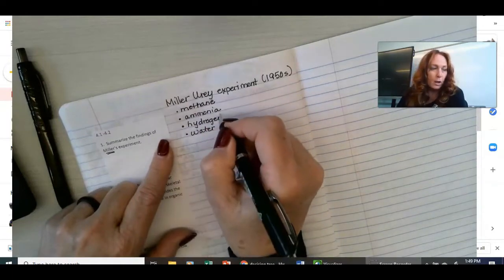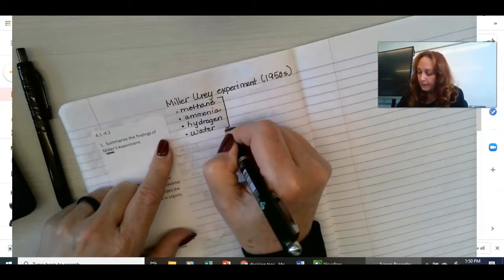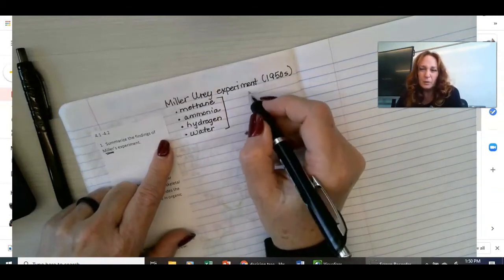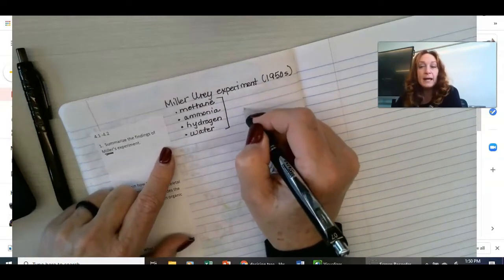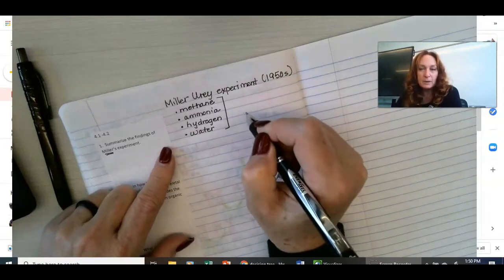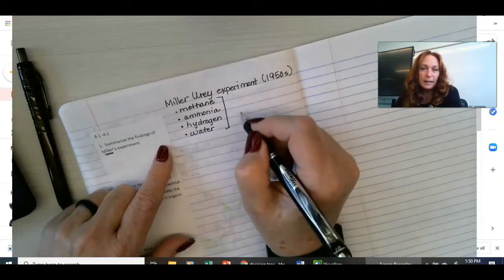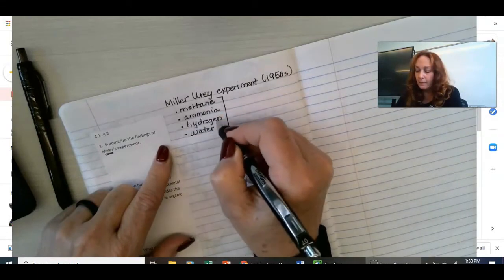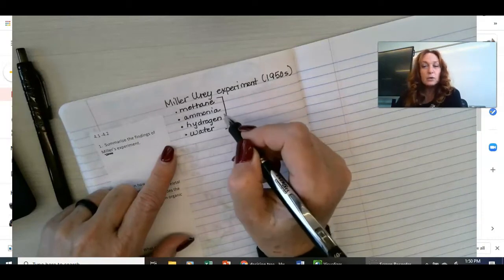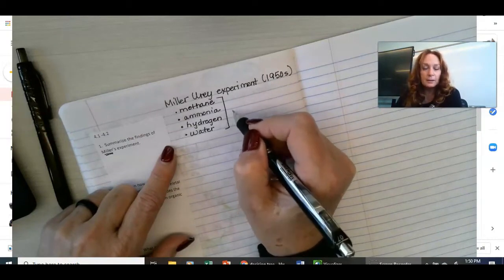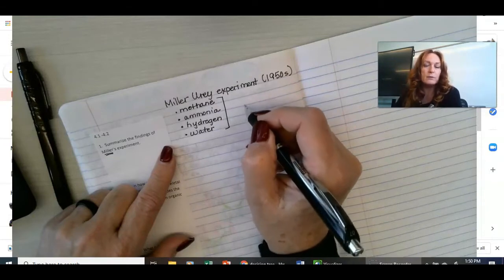So you had all of these components, and they put them in a flask, they zapped it with some electricity to simulate lightning, and these molecules were able to have the energy it took to create bonds and to form more carbon-based molecules in variety.